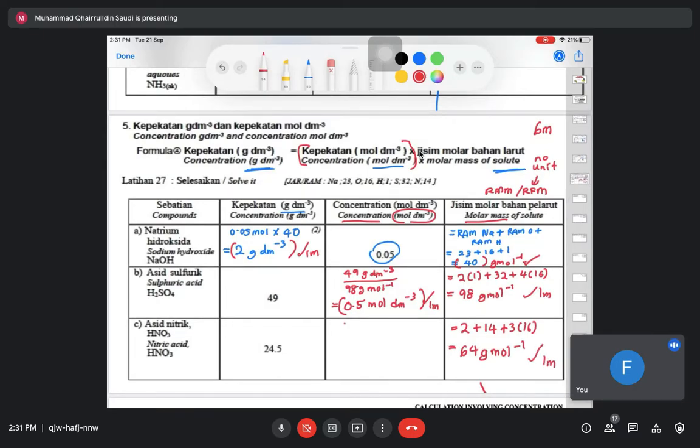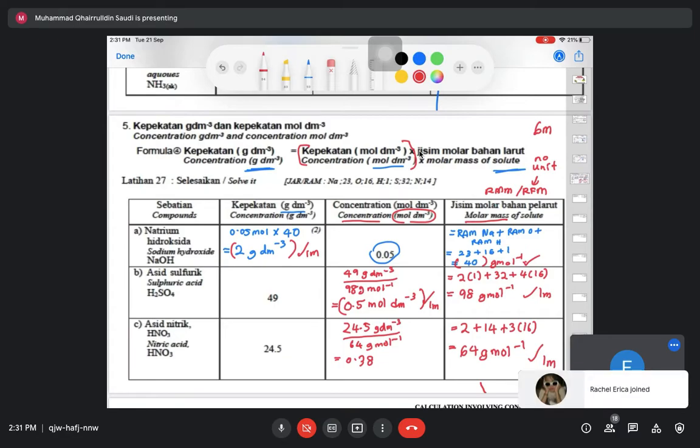Next one, 24.5 gram per dm cube divided by 64 gram per mole, and you will get 0.38. Okay, let's say you have more than 2 decimal places in the answer.